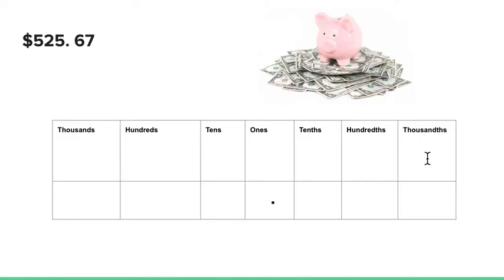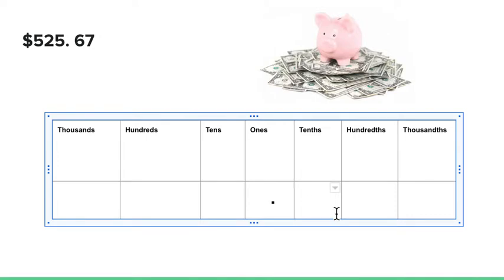Now, let's go ahead and place this amount here in the place value chart. Actually, before I do that, let's say I had 80 cents.